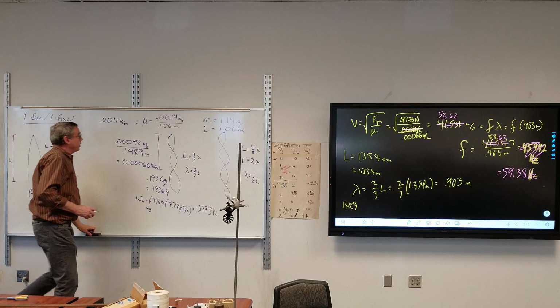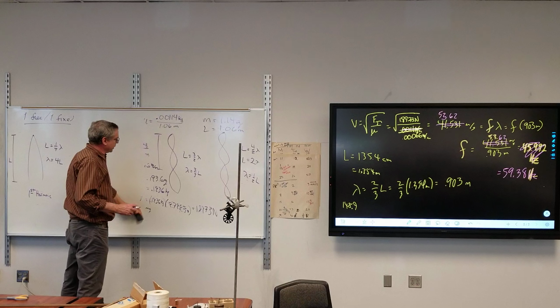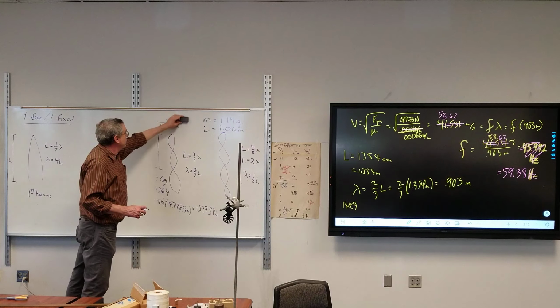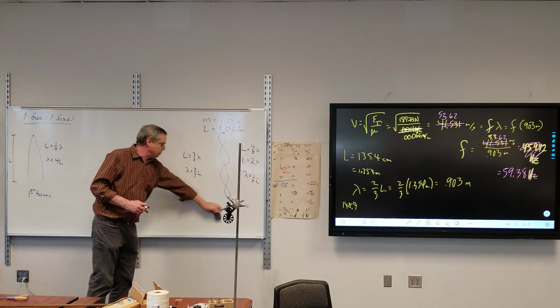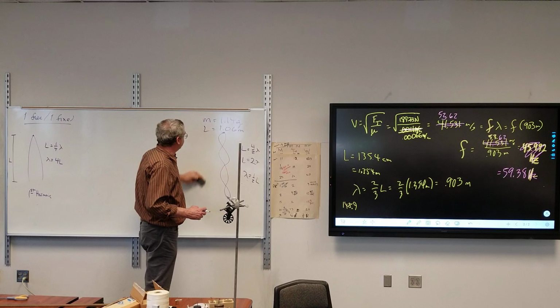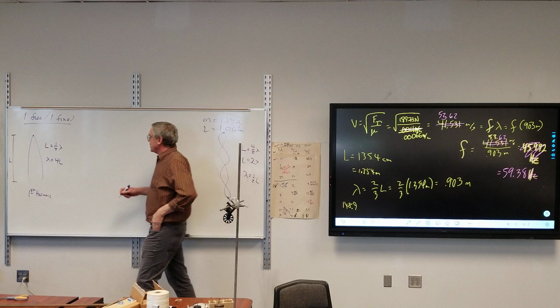The next harmonic is actually not the second harmonic, it is the third harmonic. If you're looking at some old tests, I might have that wrong. I might refer to one fixed, one free in the second harmonic. I meant the next harmonic, which is actually the third harmonic.